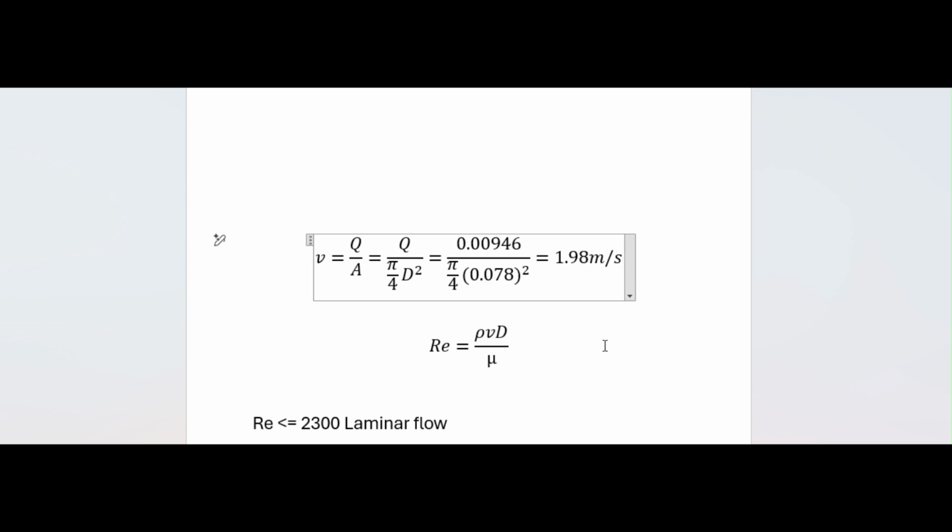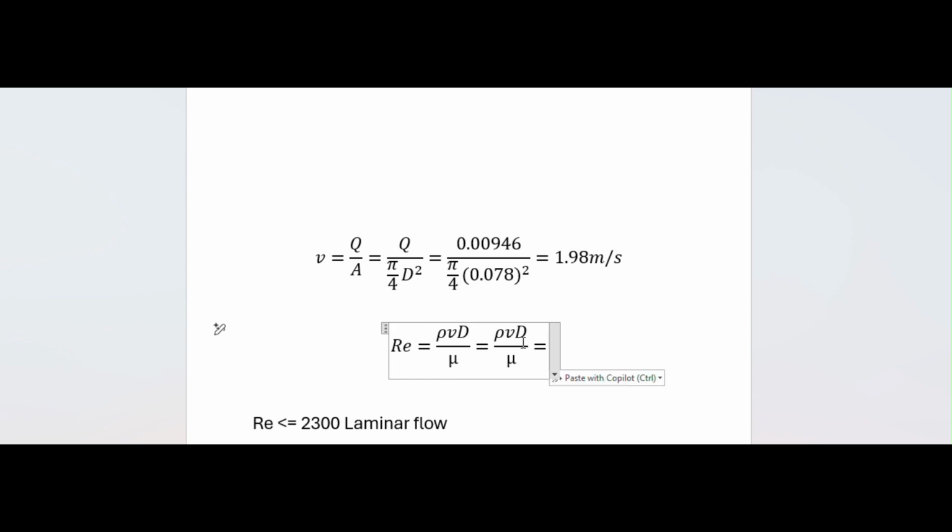Now, if we put this here, we have basically 995, which is the density, and the velocity is 1.98, and the diameter is 0.078, and the viscosity, as we said, is basically 0.008.